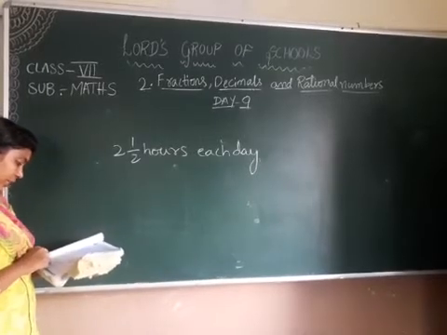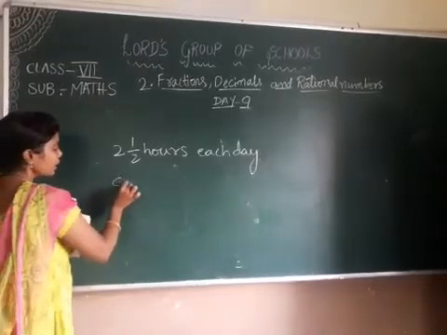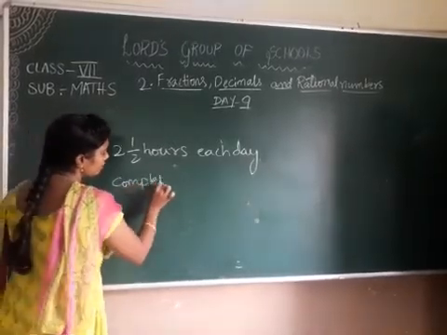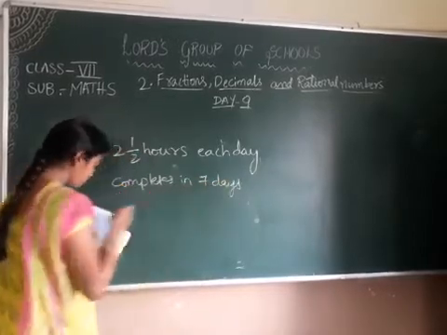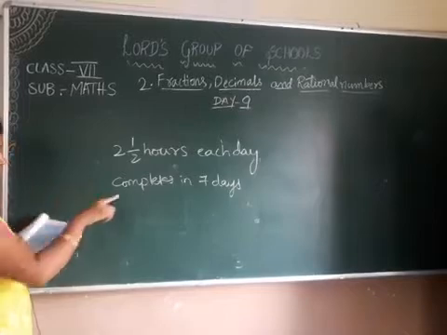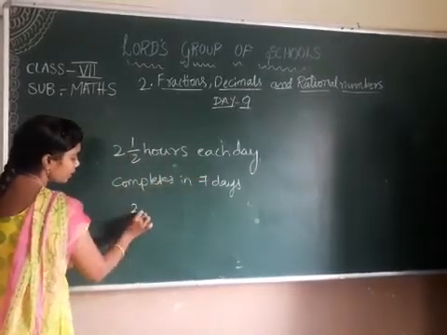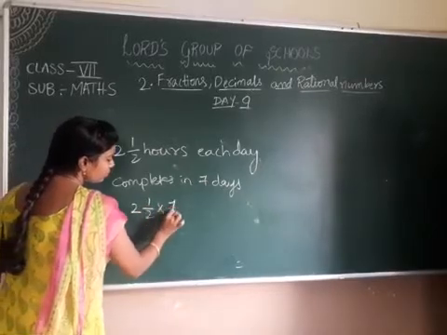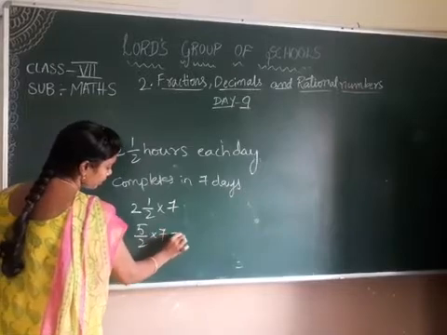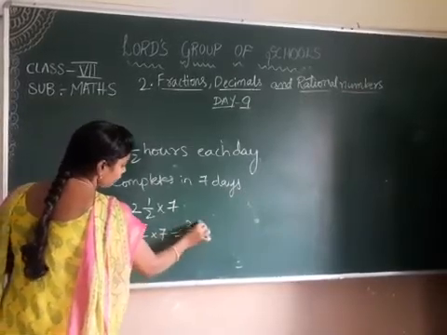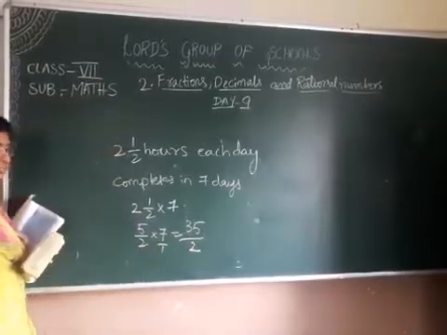How many hours did she take to complete her work? We should convert these days into hours: 2.5 hours for each day, so for 7 days, how much? 2.5 into 7, which is 5 by 2 into 7. 5 sevens are 35 by 2, which is 17 and 1 by 2.